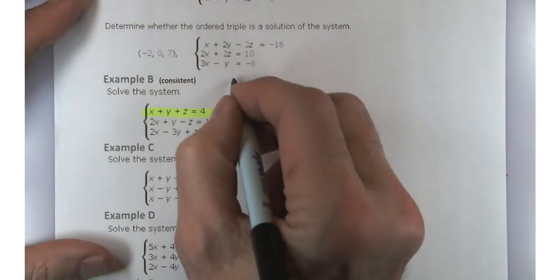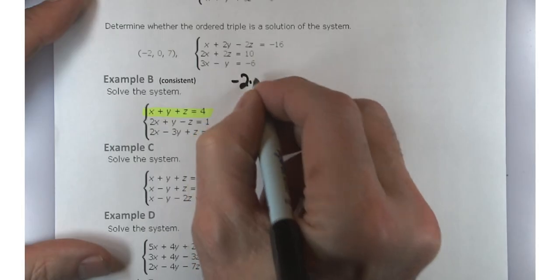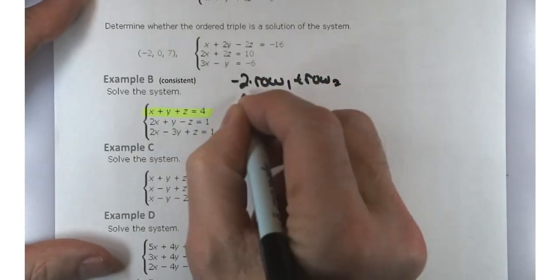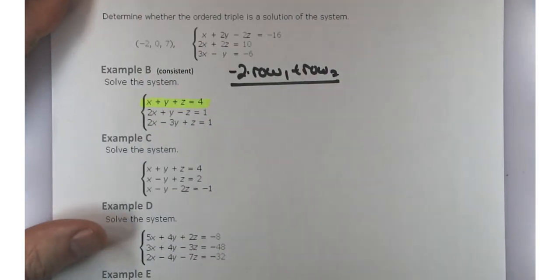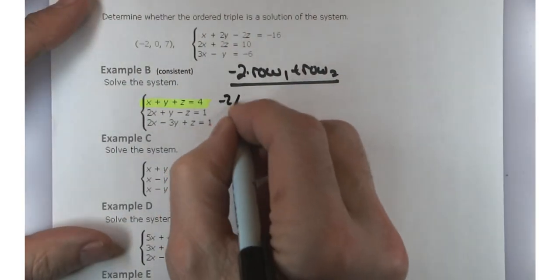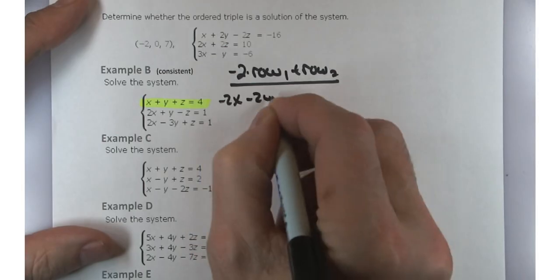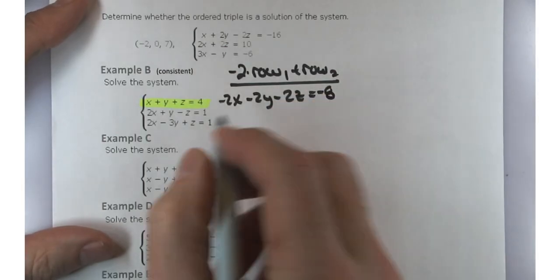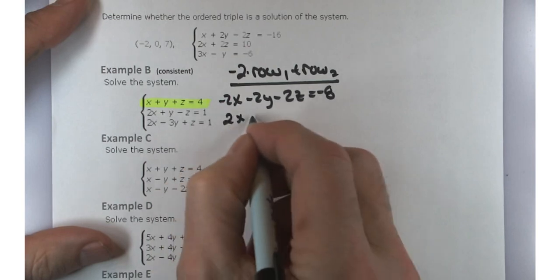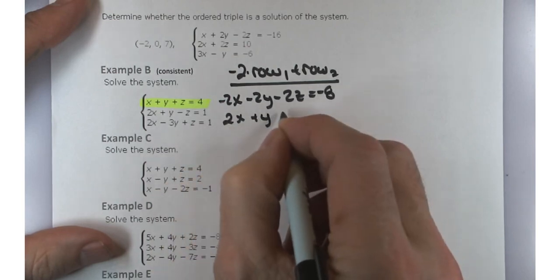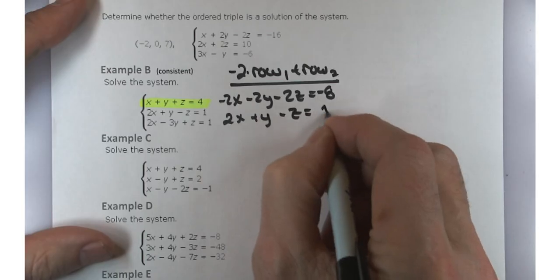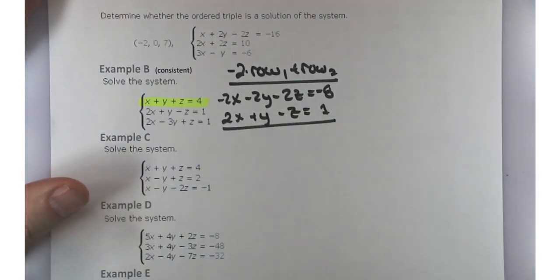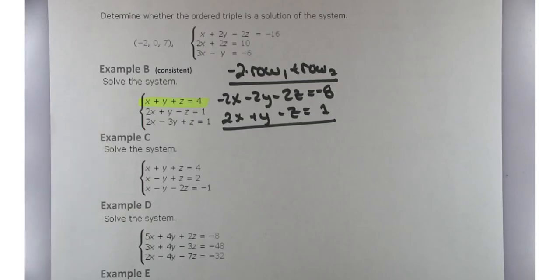Perfect. So let's take -2 times row 1 and add it to row 2. So that's going to be -2x minus 2y minus 2z equals -8. Added to 2x plus y minus z equals 1. Okay. What equation pops out when I add those together?